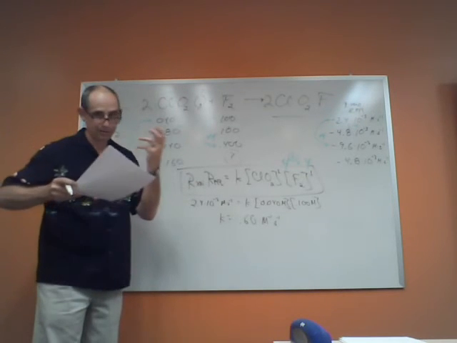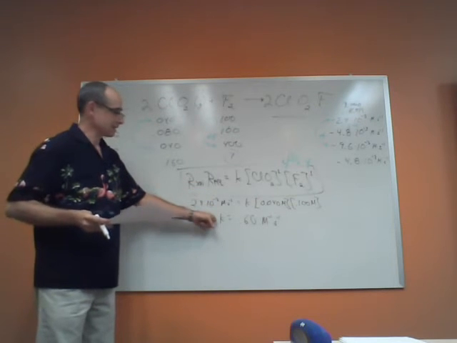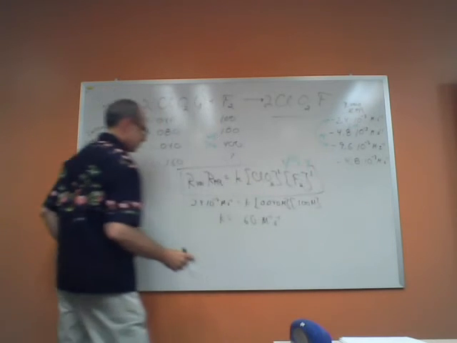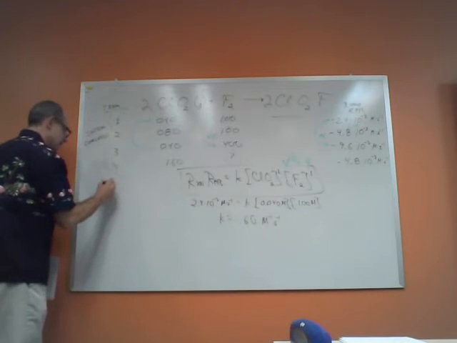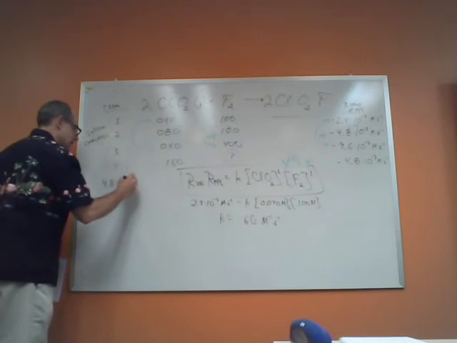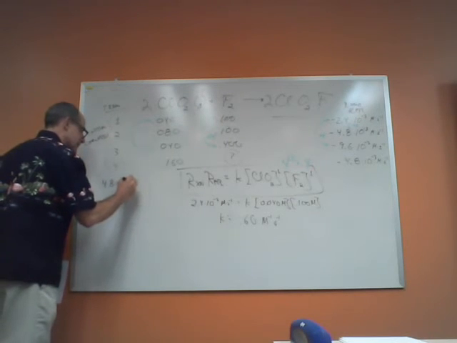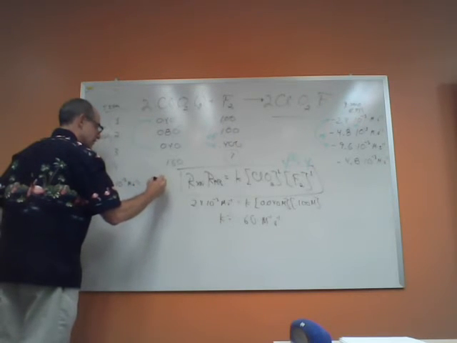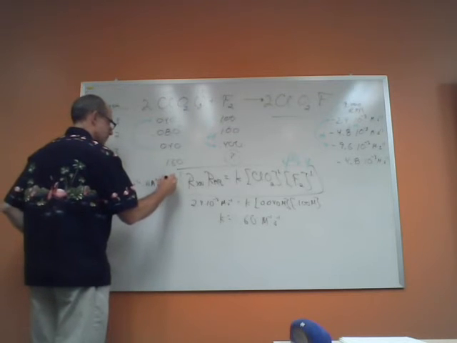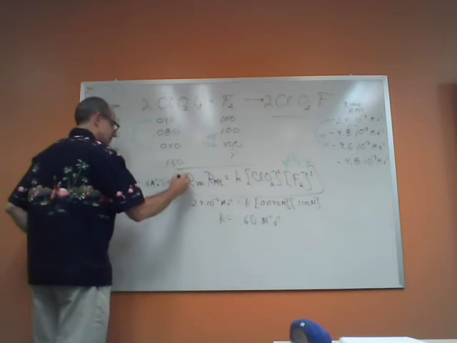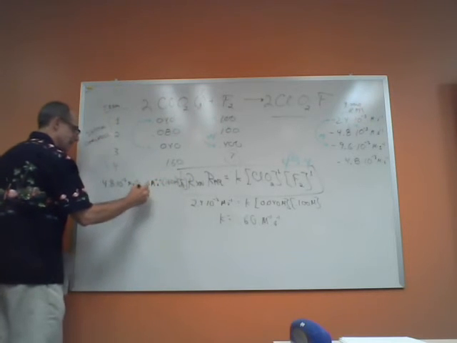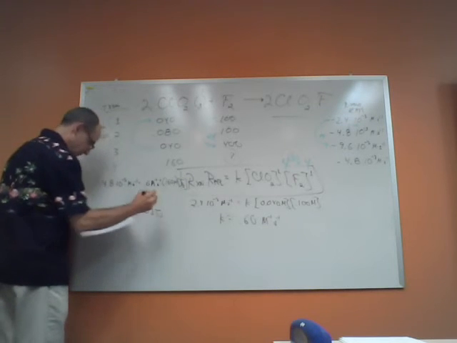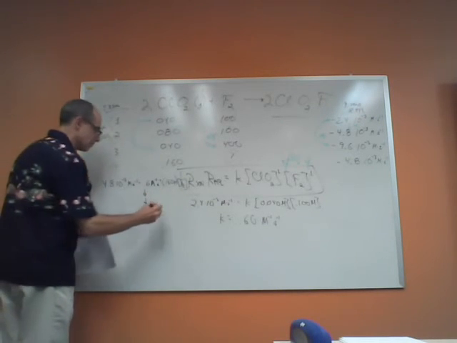And now it's really just a question of substituting in what you know if you have a rate law, and now we have a value of K and the reaction rate, so we would write here that 4.8 times 10 to the negative third molar per second, which is the reaction rate, would equal 0.6 per molar per second times 0.160 molar times the concentration of F2, and go ahead and solve that, and I think you can all do that to get 0.050, and the unit there should be molar.